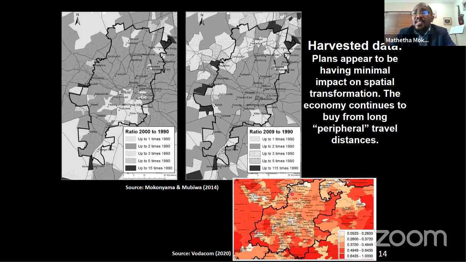And you can see the economy still buys a lot from the periphery, what you typically call peripheral development, despite all the policies that we've had. So there needs to be change.